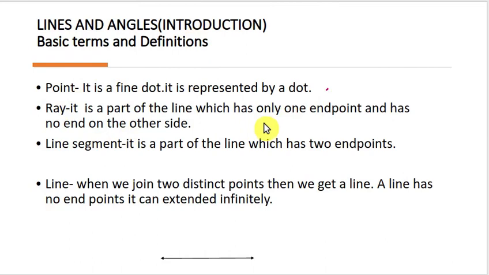Next, it is a ray. It is a part of line which has only one end point and has no end on the other side.